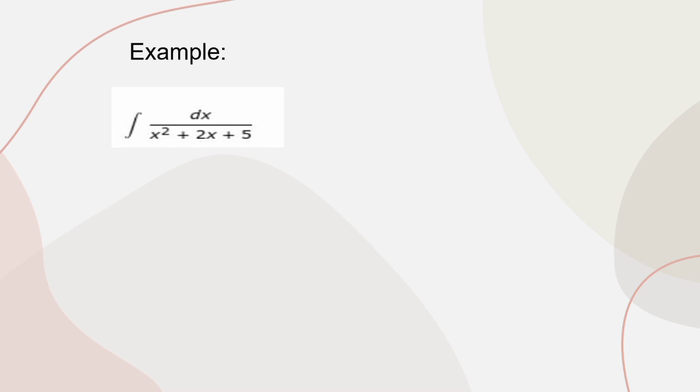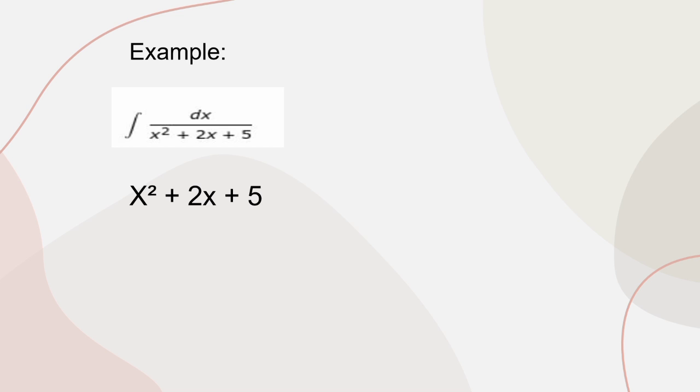Our goal should be to change this denominator into the sum or difference of 2 squares so that we can use substitution to integrate. So, we look at this denominator, x squared plus 2x plus 5. To complete the square, we need to change this quadratic expression to a form that we can factor.